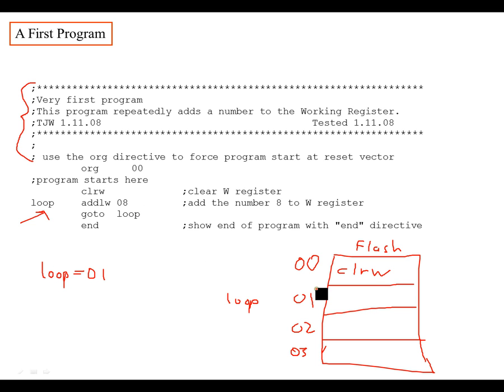Now what's going to go in here is an instruction called add literal to W, 08. So what this does is it adds the literal value of 8 to the W register.